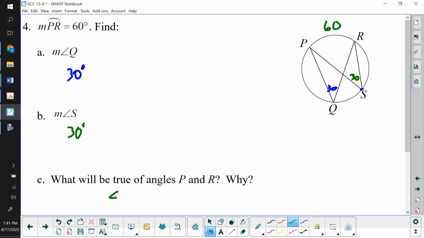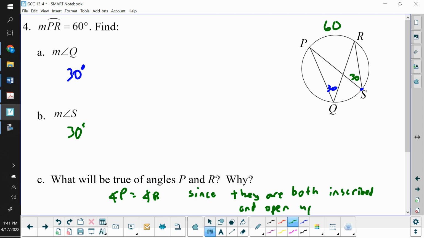Angle P should be equal to angle R, since they are both inscribed and open up to arc QS.